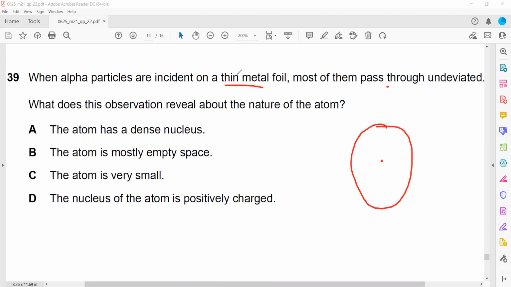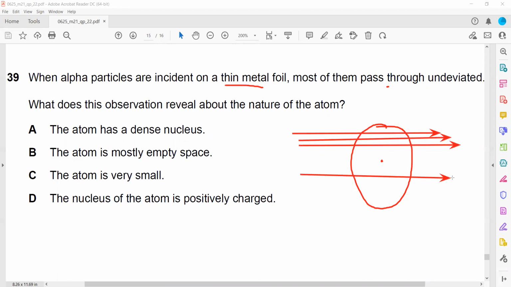When he targeted the gold foil with the alpha particles, he observed the majority of the alpha particles were able to penetrate or pass through. So what did he conclude from this? The statement that the atom has a dense nucleus is true, but that does not explain the observation. The observation is that the atom is mostly empty space, which is why the majority of the alpha particles are able to pass through.